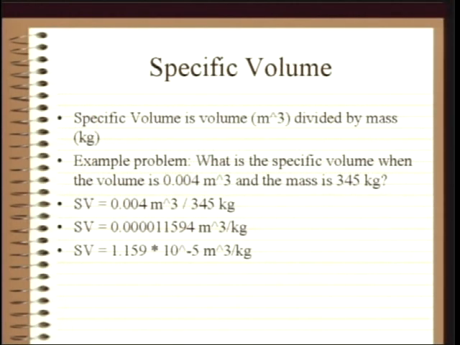And we can write that number in scientific notation. We move the decimal point to the right until we have a coefficient where there's only one number to the left of the decimal point. So we'll have 1.159 times 10 to the minus 5 meters cubed per kilogram.